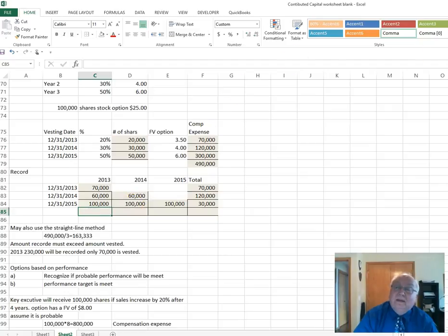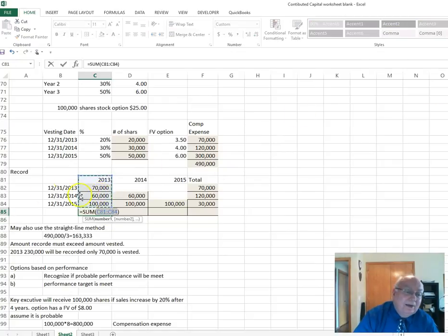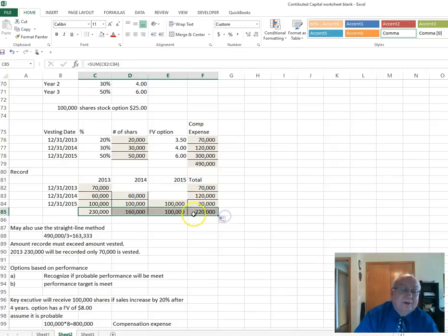Okay. And then we add these columns up. Oh, let's try that again. I don't want that first one in there. Okay, $230,000. Let's add them across. $160,000 and $100,000, and that one didn't add up right.